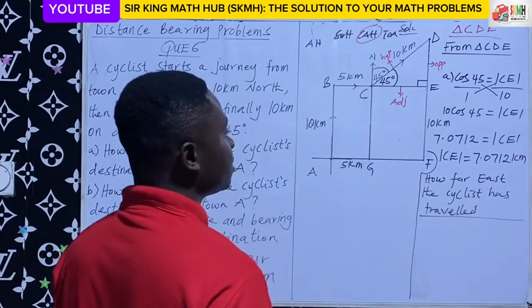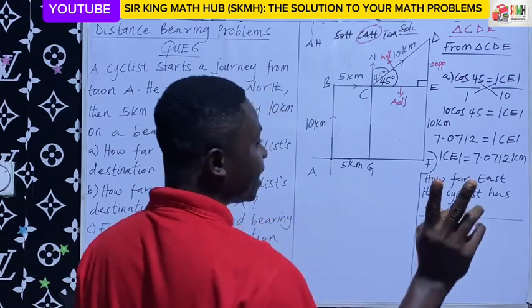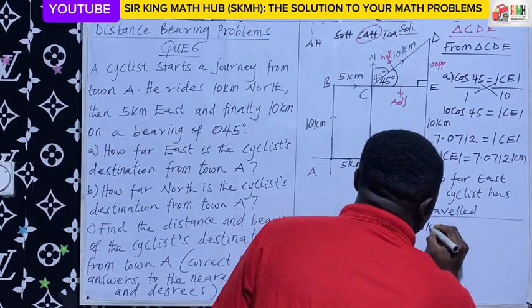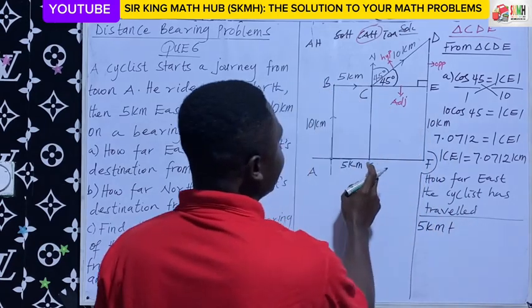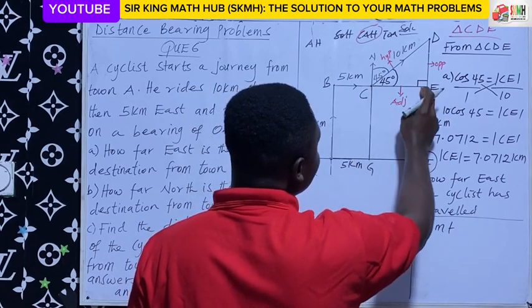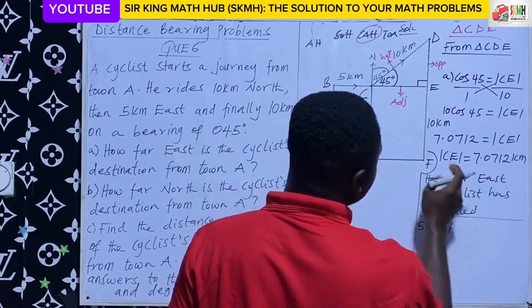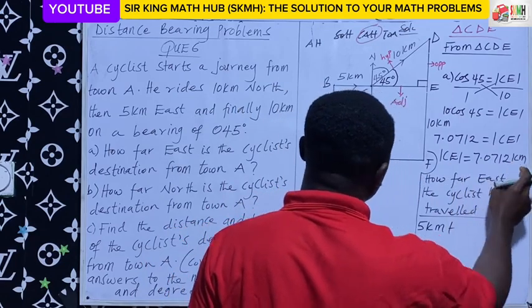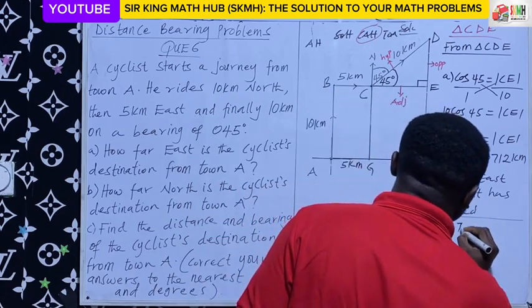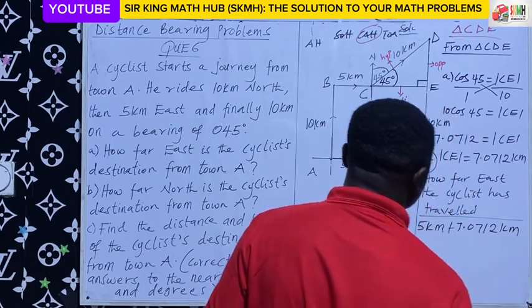So how far east? As we said, from A to F, but it has been divided into two. One part measuring 5 kilometers, and then the other part. Although we have calculated for line CE, we see that line CE is also the same as line GF. So if CE measures 7.0712 kilometers, then line GF will also measure 7.0712 kilometers.